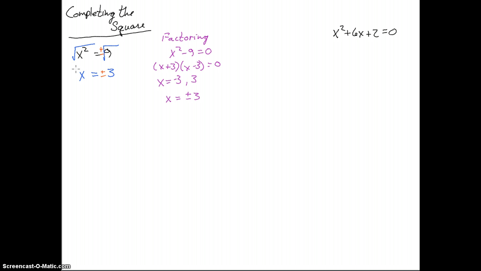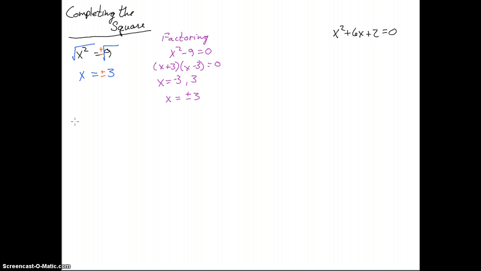So technically there are absolute value signs here, and that is what, when you break it apart, absolute value of x equals 3, you get an x equals a positive 3 and a negative 3. That's the technical reason for that plus or minus, but for most of you, just recall, if you square root, you've got to do plus or minus because a negative squared and a positive squared both act the same way.